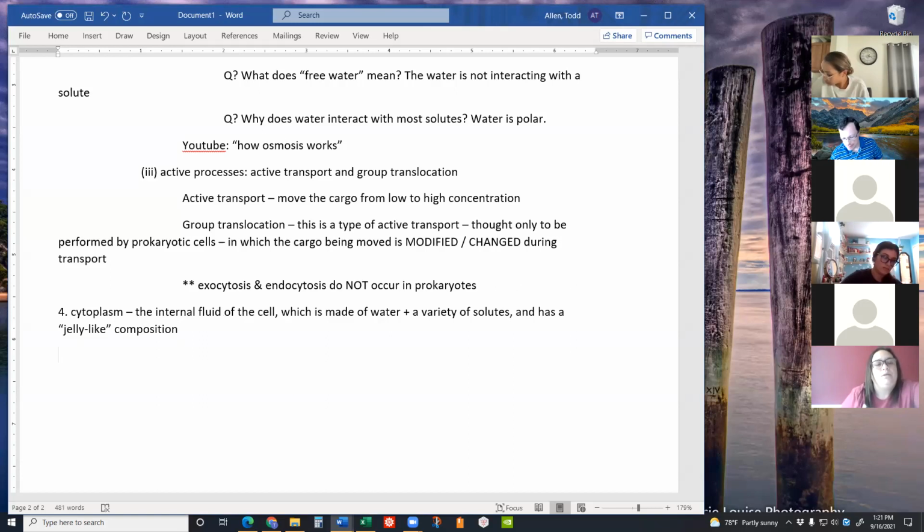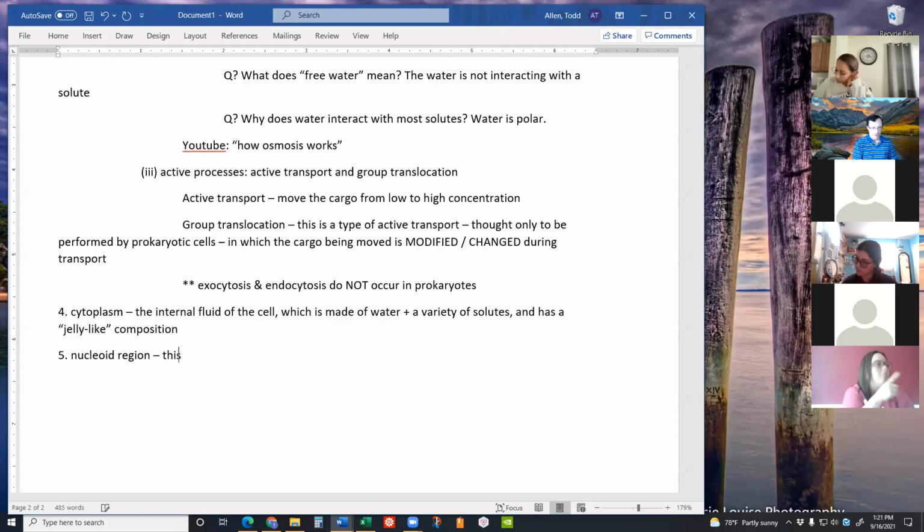All right. Now let's get to some good stuff here. Nucleoid region. Okay, the nucleoid region is shown to you probably best on foundation figure 4.6.